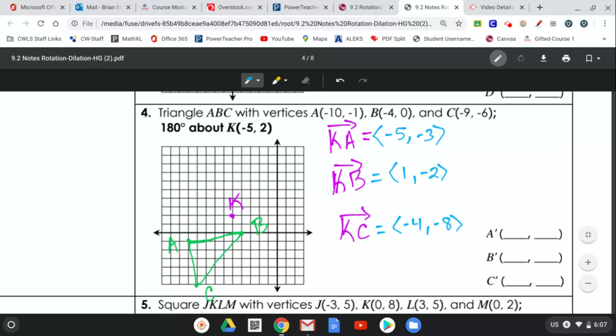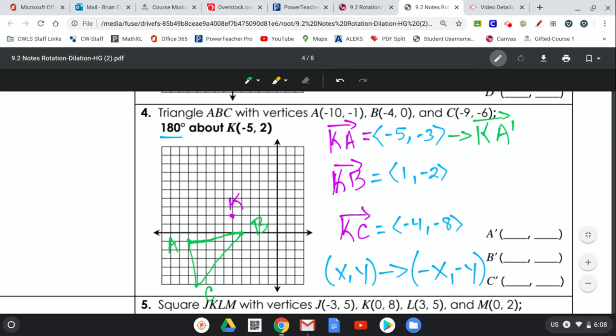So for this one, we're saying 180 degrees. So our rule for 180 degrees, and again, you got to have that rule sheet handy somewhere, is we go from x comma y to -x, -y. So they don't move position, they just change signs. So when we change all the signs for these vectors, it's going to move to vector k a prime.